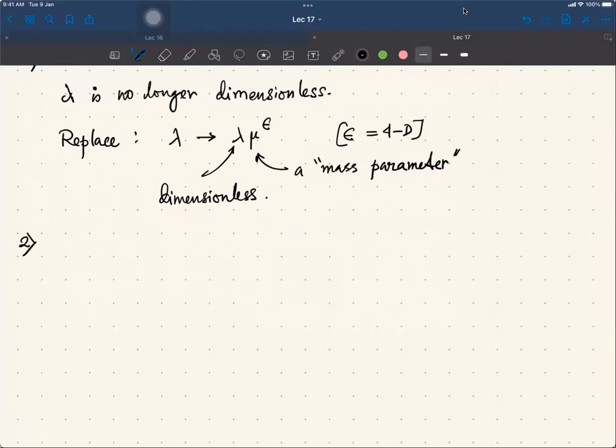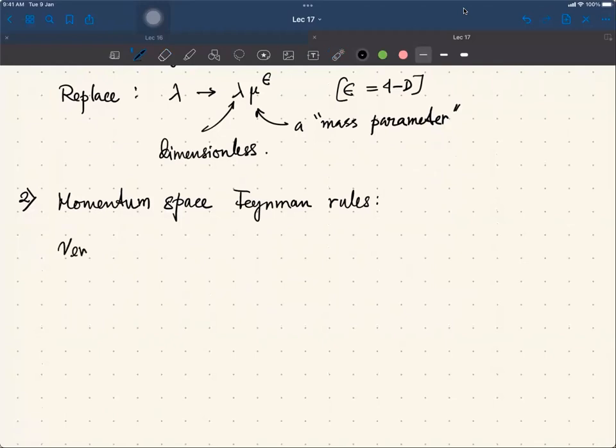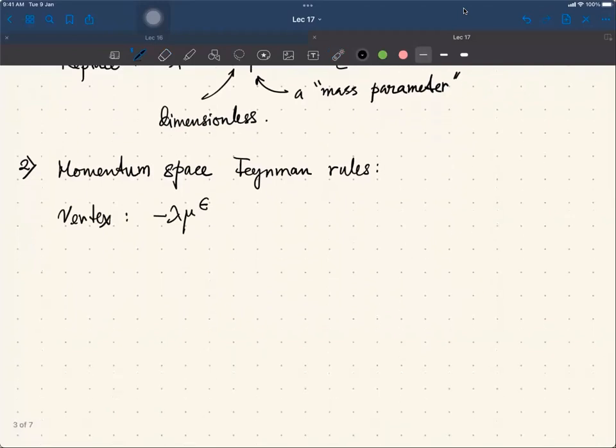So now let's look at the momentum space Feynman rules. For each vertex, one adds minus lambda mu to the power epsilon instead of minus lambda only. Then you have the propagator.